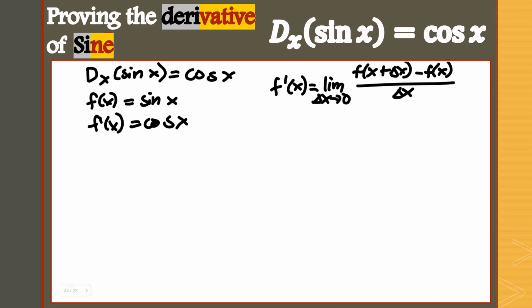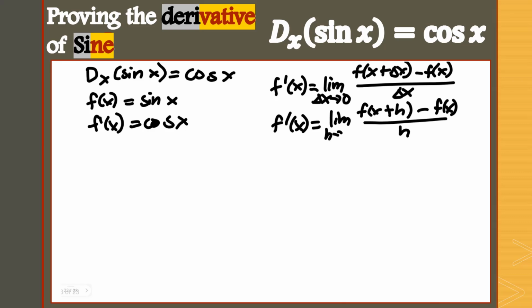Of course, other sources like to use the limit of f of x plus h minus f of x over h as h approaches 0. They are just the same. The other resources just use h for easier manipulation, but let me use the original form here. Again, we're going to show this relationship. So here is the proof.